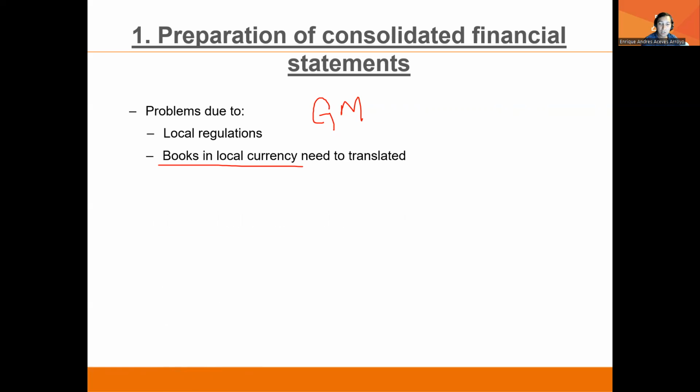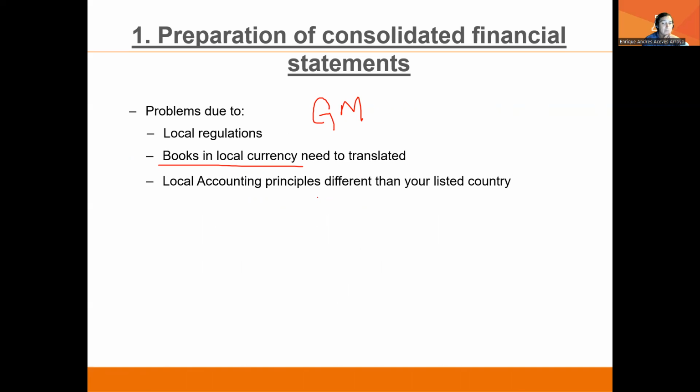And then you have local accounting principles, which are different from the listed country. So whatever they follow, that accounting principle might be different, and they have to make an adjustment for it.